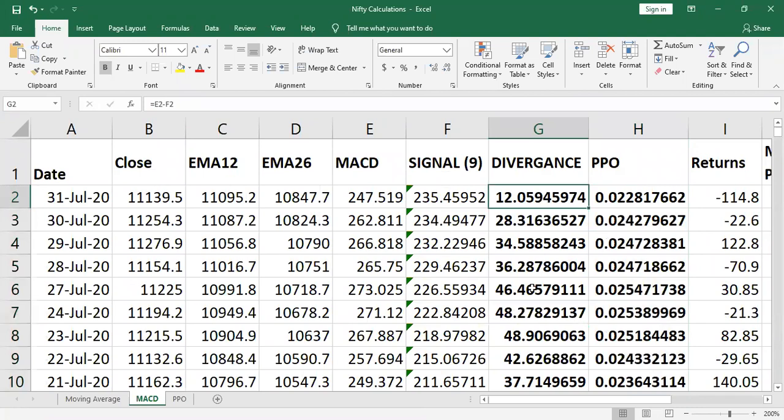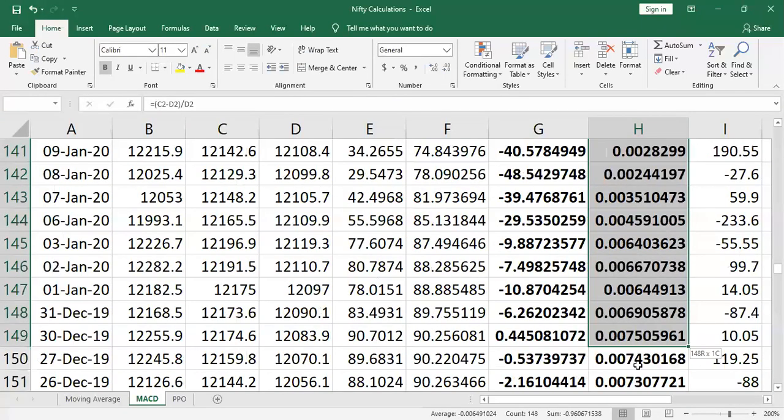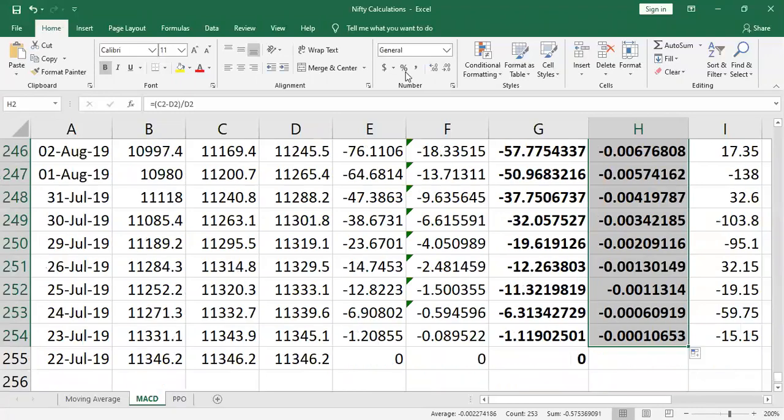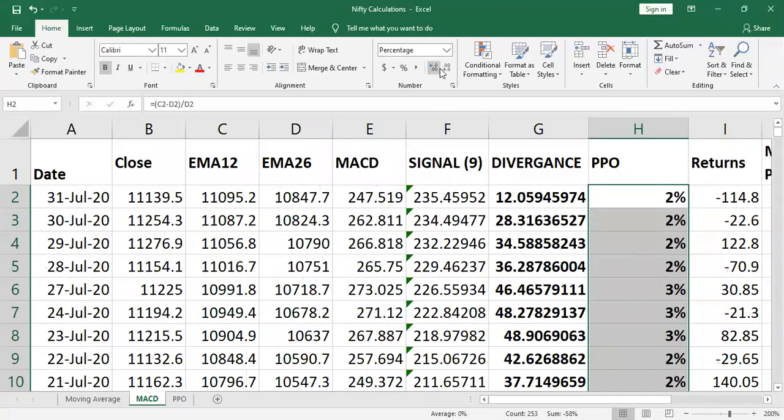As soon as the divergence is also negative, then there is a big downside, or PPO may also be negative. This is only used in percentage. We are converting this into percentage and increasing the decimals.